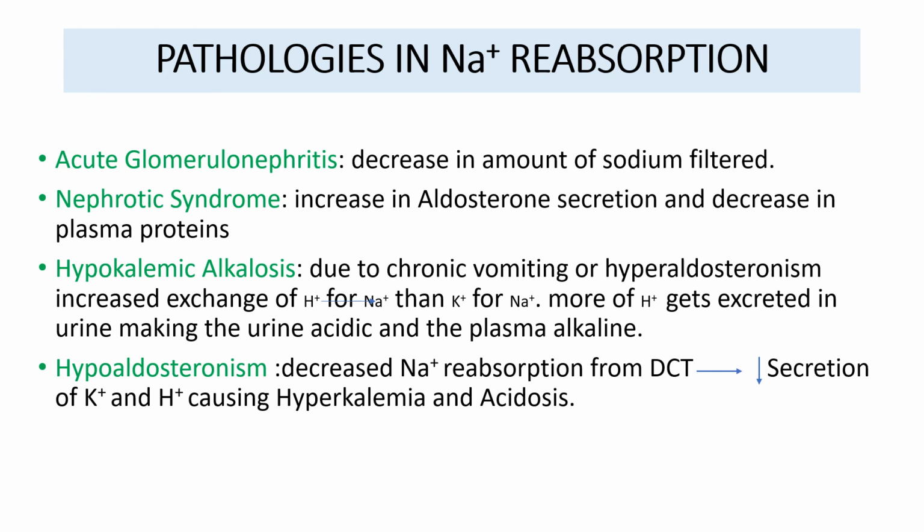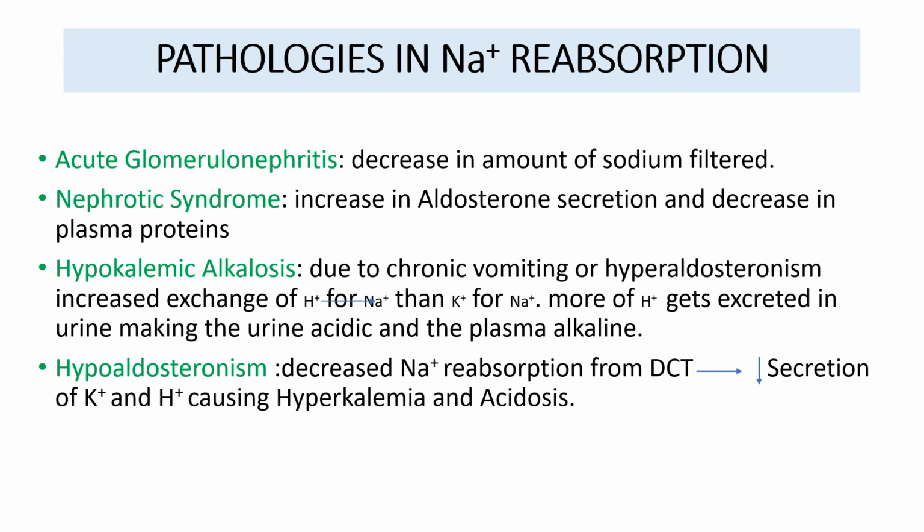In nephrotic syndrome, there is increased aldosterone secretion and decreased plasma protein. What is hypokalemic alkalosis? Due to chronic vomiting or hyperaldosteronism, there is increased exchange of hydrogen for sodium and then potassium for sodium. More hydrogen gets excreted in urine, making the urine acidic and the plasma alkaline.